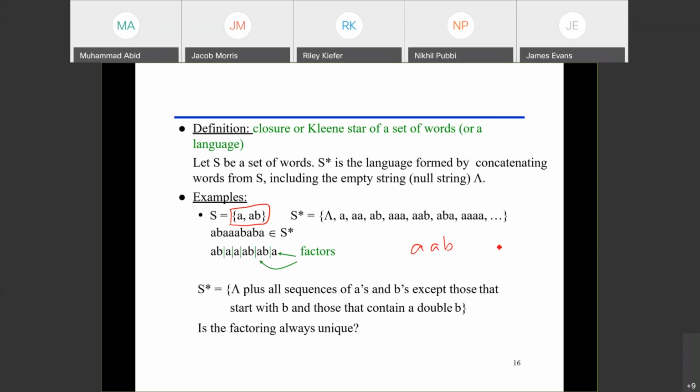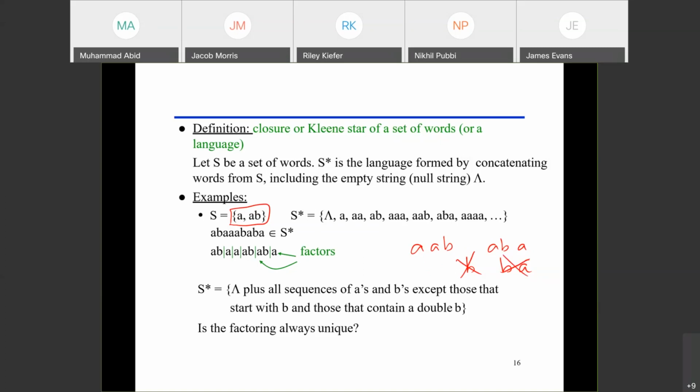You can have a, b, and then a, but you will never have only b here. Or you will never have a word which starts with ba like this. It is not possible here. So this is some observation which I like that you should understand.